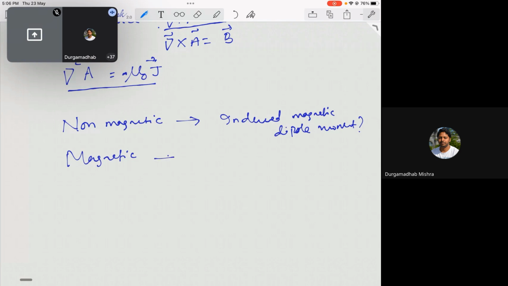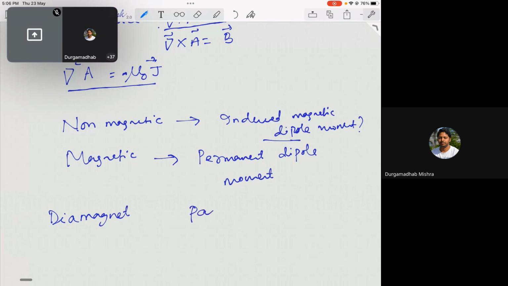And of course, a magnetic material will have a permanent dipole moment, without applying any magnetic field. Based on this induced dipole moment, you can have materials known as a diamagnet and a paramagnet.